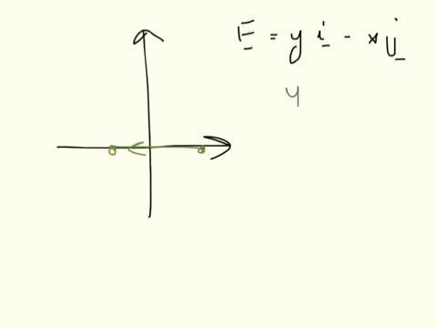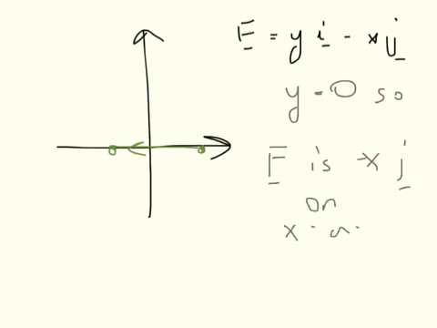Okay, so y equals 0 there, so f is negative xj on the x-axis.